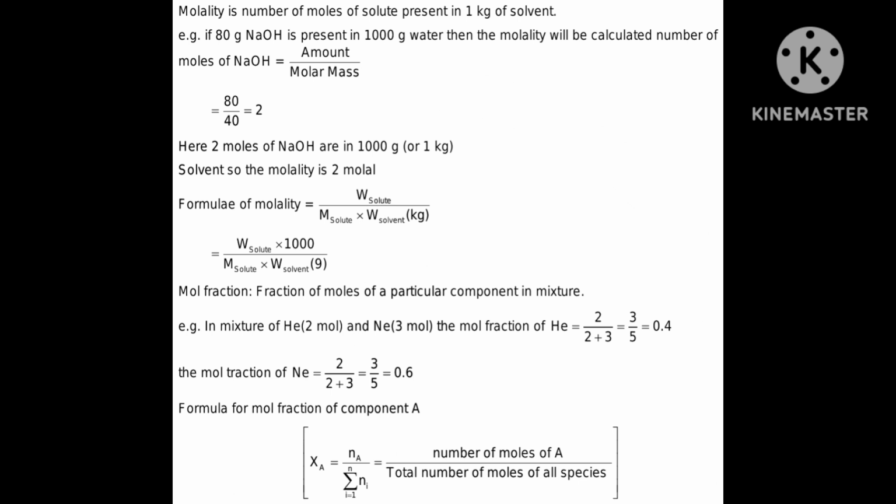Now the number of moles of water is 80 divided by 18. I am giving you a hint: 18 is very close to 20. Then 80 divided by 20 you will get 4. So you got an idea very quickly, a rough calculation. But since it is 18, it will be a little more than 4.